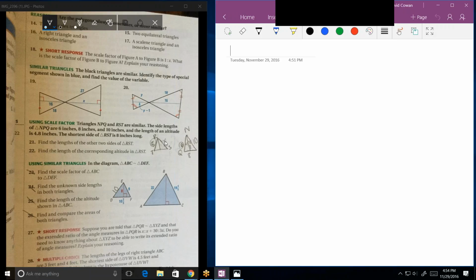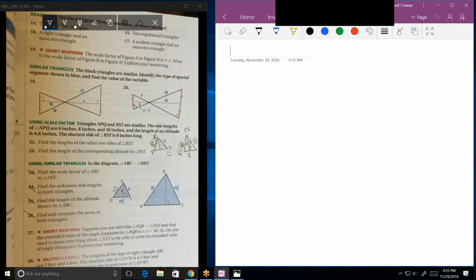So what is RS, what is labeled X here, going to be? Question 21 says, find the lengths of the other two sides of RST. We don't know which one is 8; it just says the shortest side.